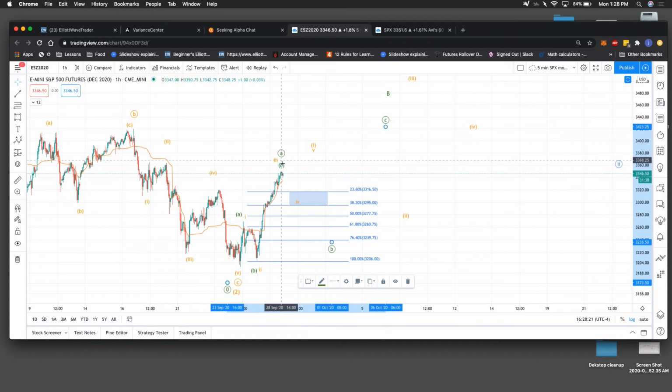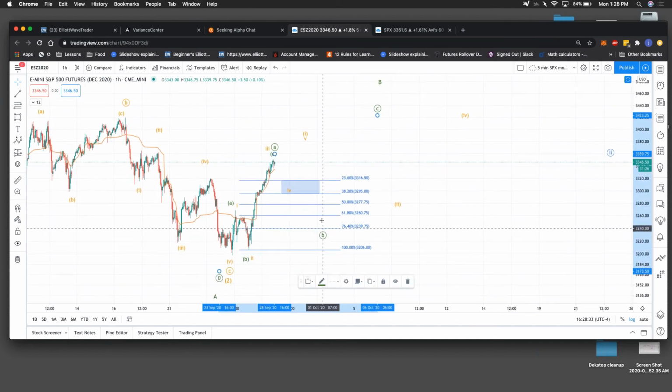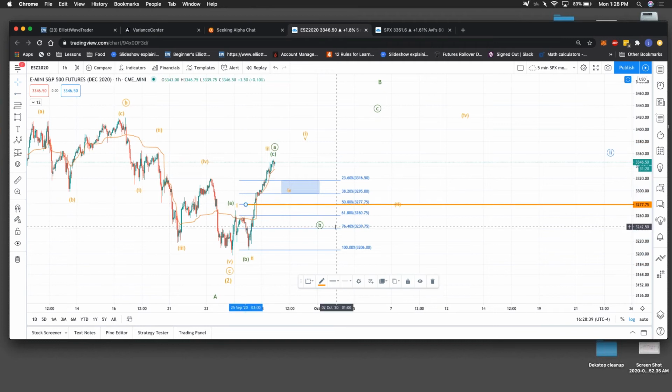Even if we get a little bit higher here, if price fails to hold 32.95, and especially if price breaks down below 32.78, that's going to favor that we're in a B wave.